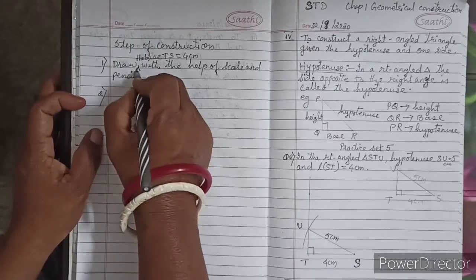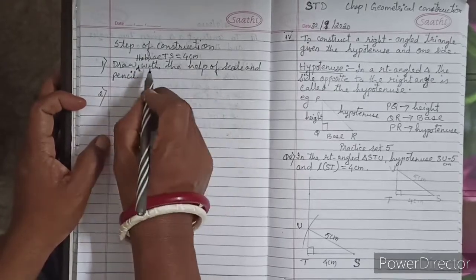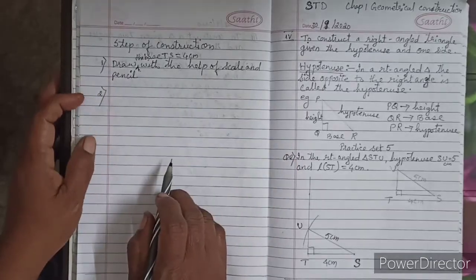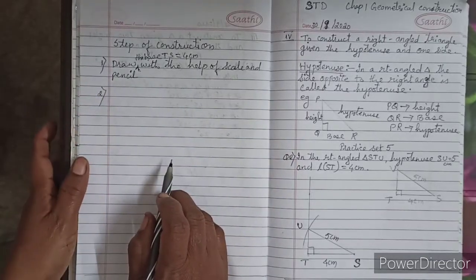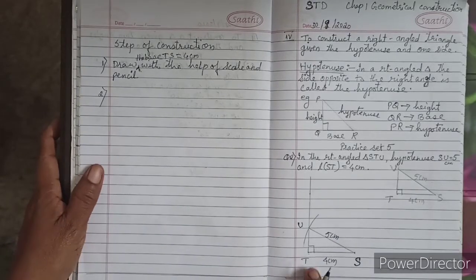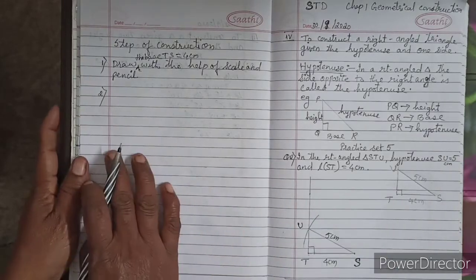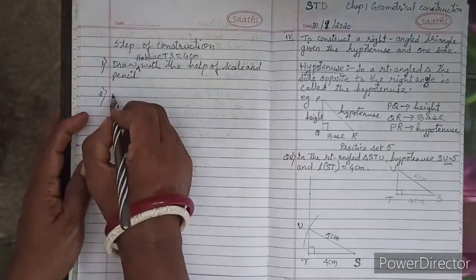Second point. This I missed, children. Sorry. So you come along the line and write it. Next step is we have to draw an angle of 90 degrees at point T with the help of the protractor.